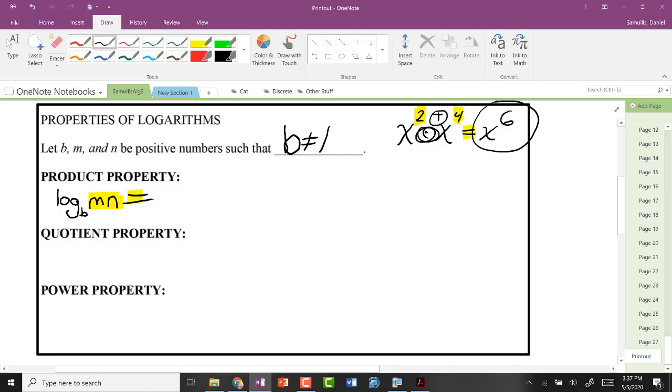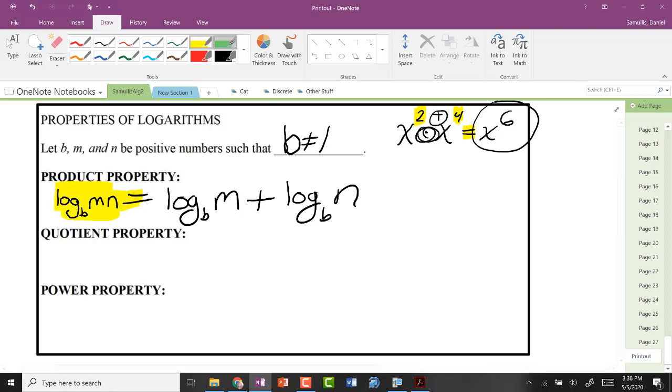This is equal to log base b of m plus log base b of n. So right here in the yellow is the condensed version, and this is the expanded version. Products and sums go together.